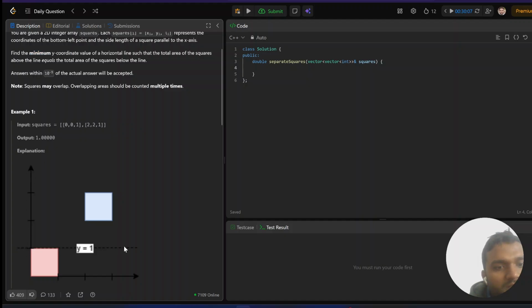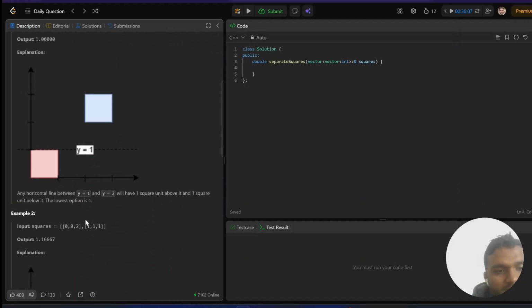The answer within 10 to the power minus 5 is accepted. Squares may overlap. Overlapping areas should be counted multiple times.